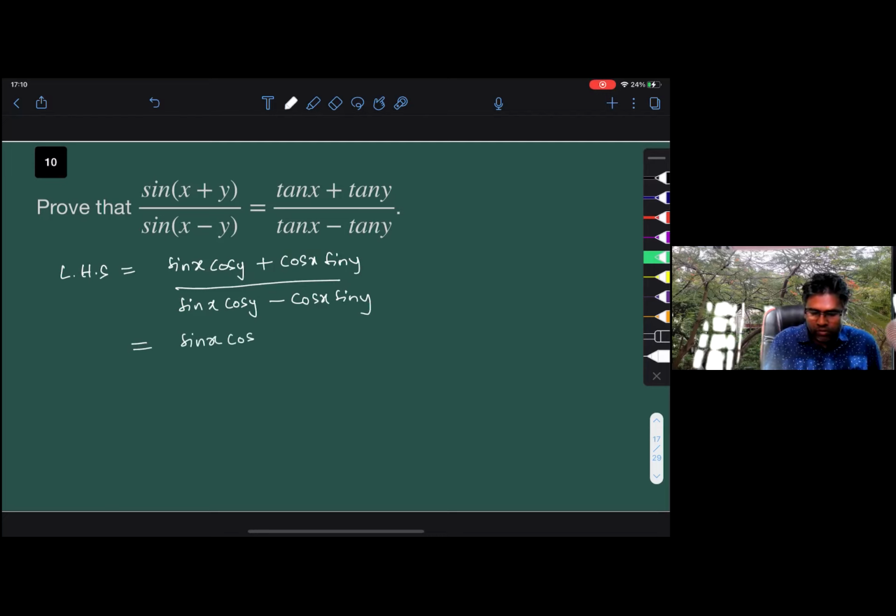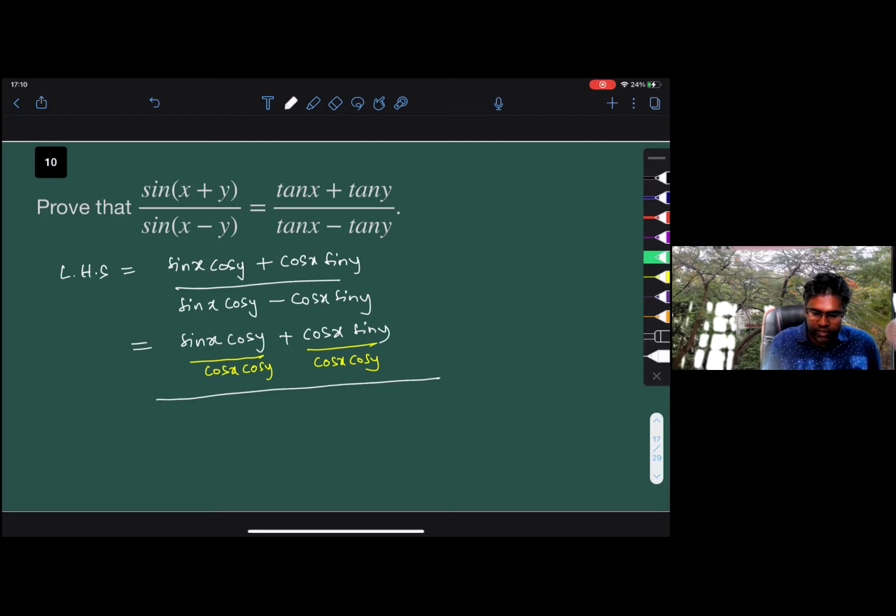So I'll divide here by cos x into cos y. Here also I divide by cos x into cos y, but that means I need to divide the denominator as well.